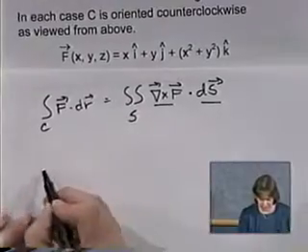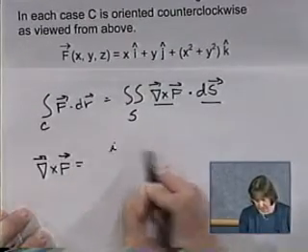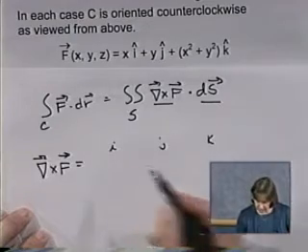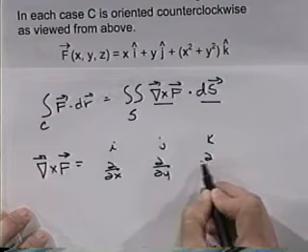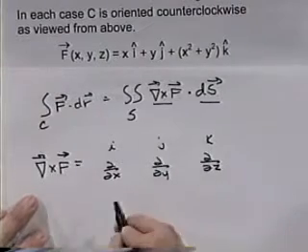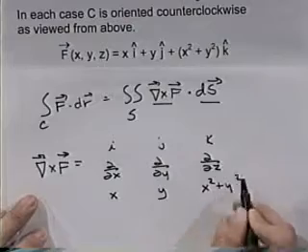Here's my f. So my curl is i, j, k, and we're going to put in partial with respect to x, partial with respect to y, partial with respect to z, and we have components x, y, and x squared plus y squared.